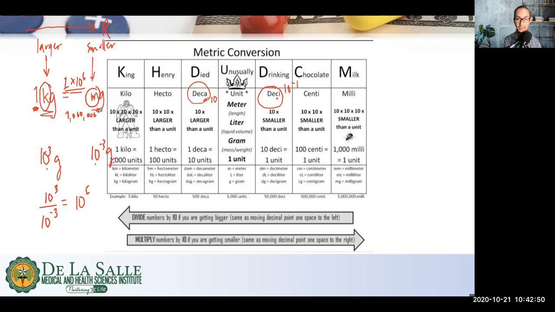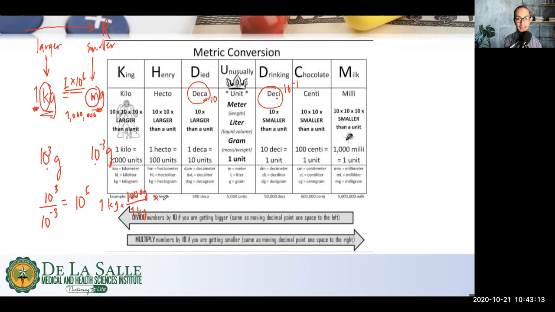Of course, there's another way to do this, and you can use dimensional analysis to convert kilograms to milligrams. For example, 1 kilogram, you will first convert to grams. 1 kilogram is equivalent to 1,000 grams, or 10 to the 3 of a gram.